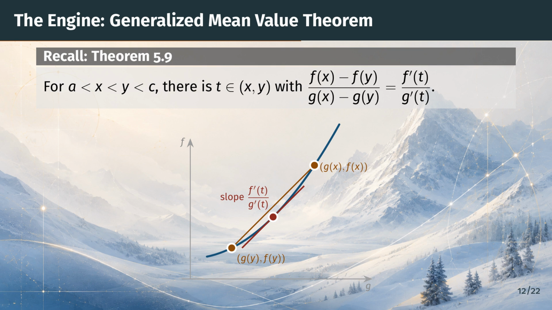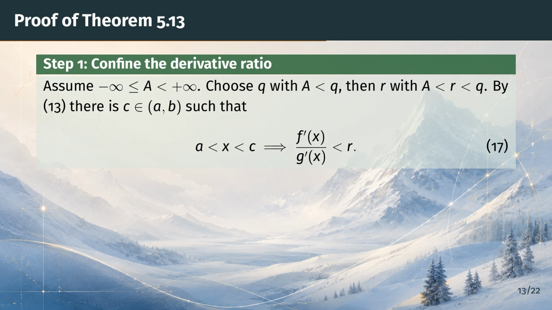Now we begin the proof. Step 1. We handle the case where a is less than plus infinity. The other case is symmetric. Fix any number q larger than a and squeeze a second number r strictly between a and q.